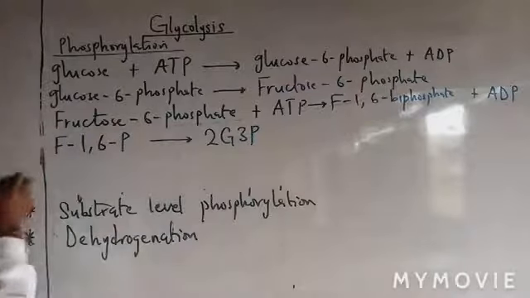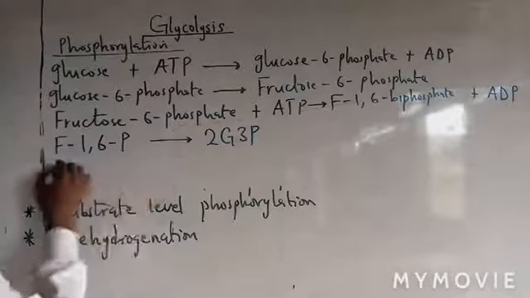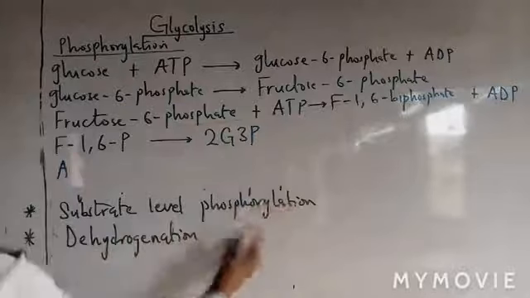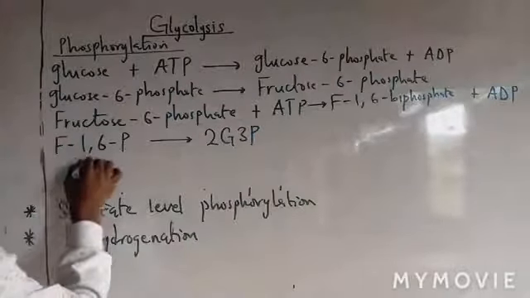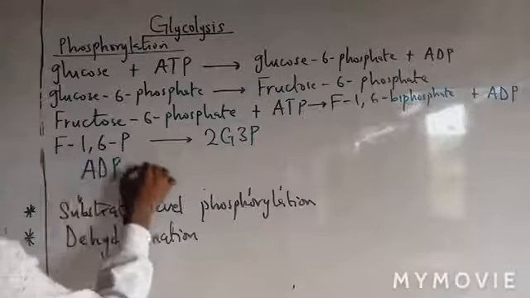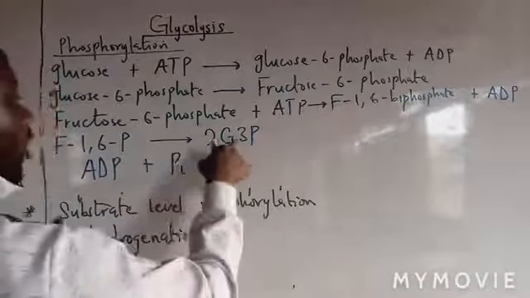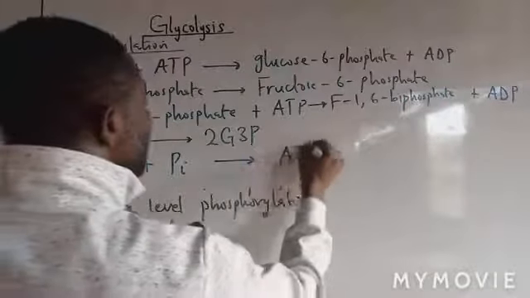The next step is that ADP, and that is substrate level phosphorylation. ADP will take up inorganic phosphates from G3P to give us ATP.